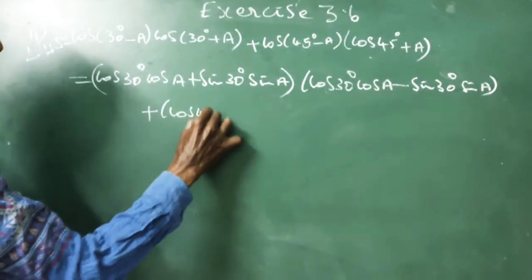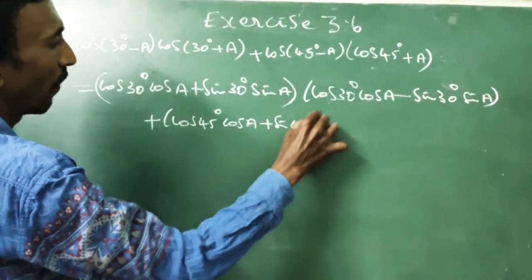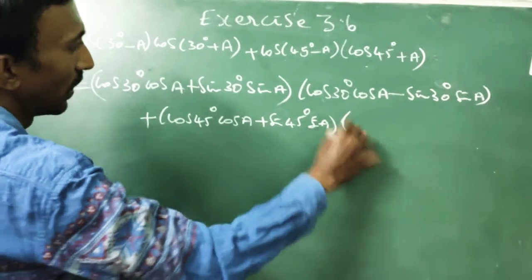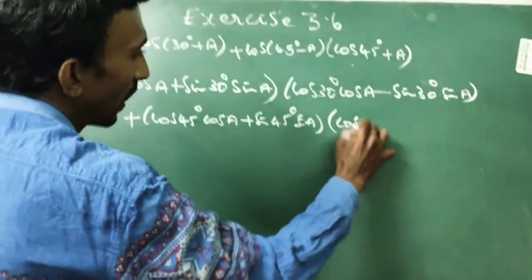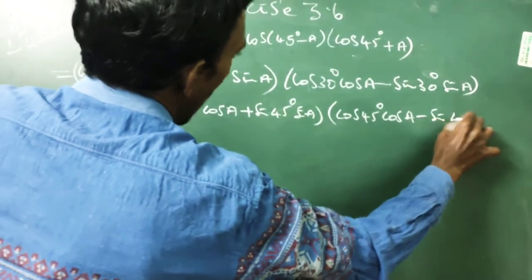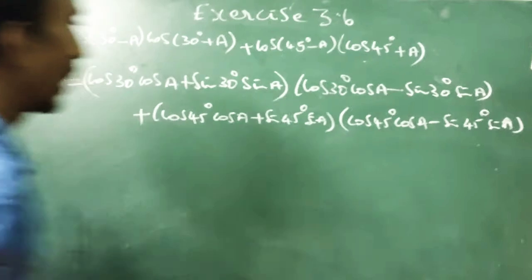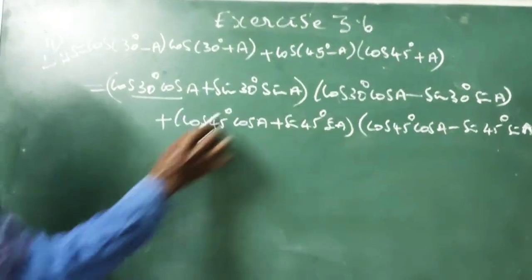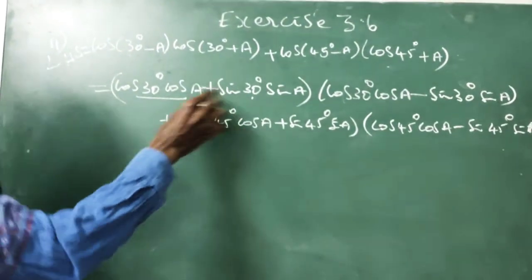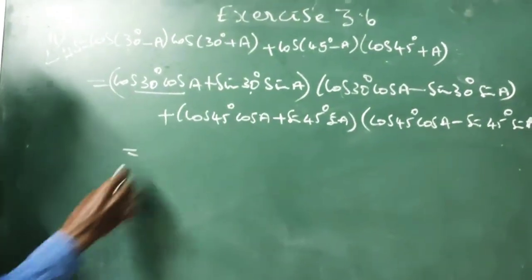So (cos 45 cos A + sin 45 sin A) into (cos 45 cos A - sin 45 sin A). Look at here, take this as a and this as b. It is of the form (a + b)(a - b), that is a square minus b square.